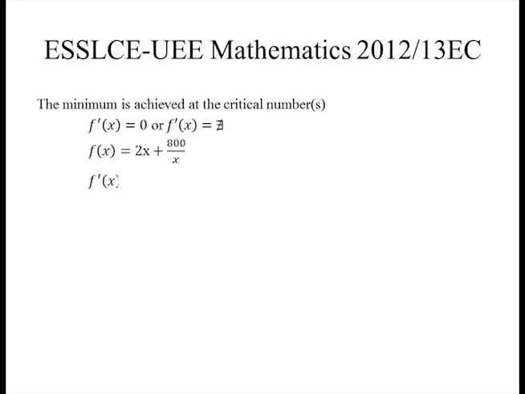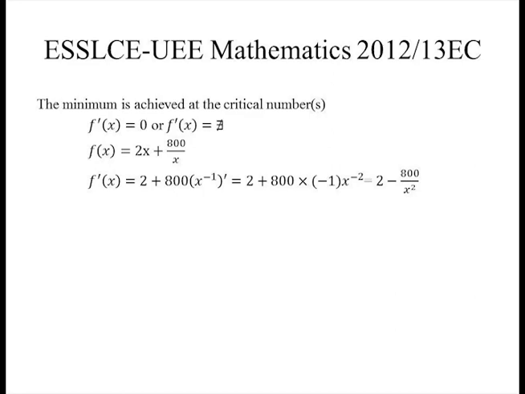Then f derivative of x is equal to, the derivative of 2x is simply 2, plus 800 times the derivative of x to the power of negative 1, which is equal to 2 plus 800 times the derivative of x to the power of negative 1, which is minus 1 times x to the power of negative 2, which is equal to 2 plus 800 times negative 1, which is negative 800, x to the power of negative 2 means 1 over x squared, so negative 800 divided by x squared.